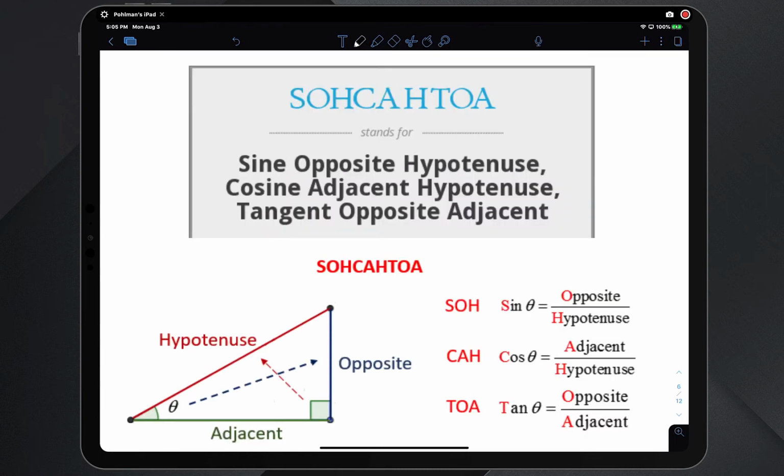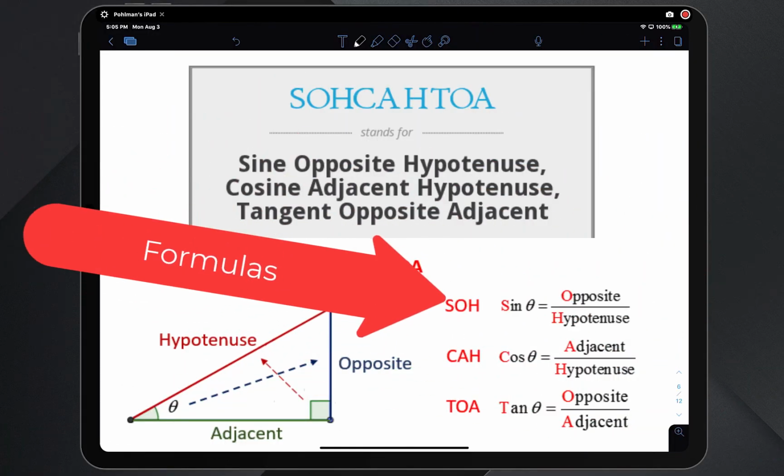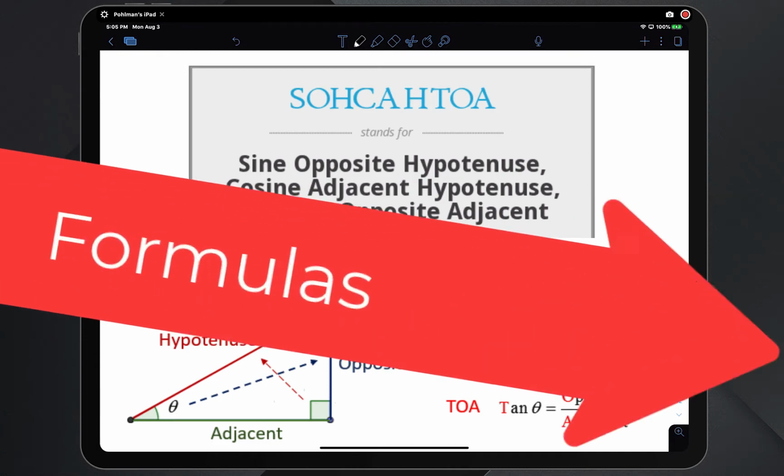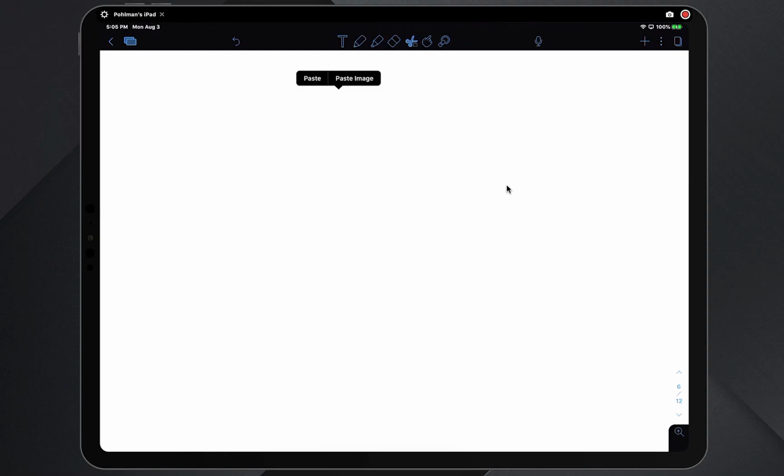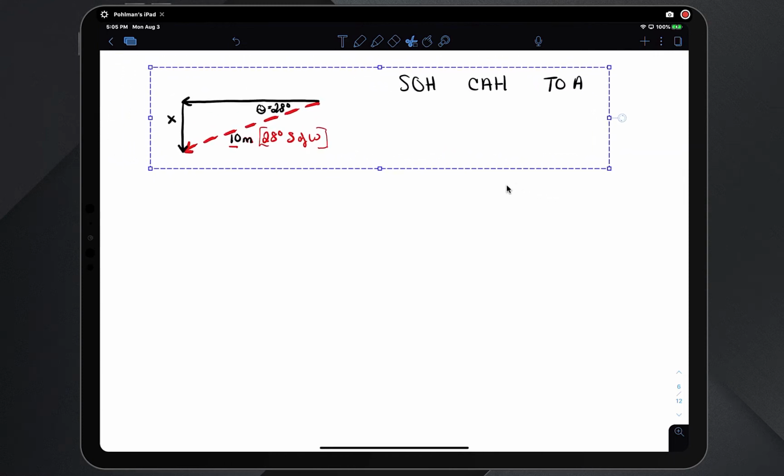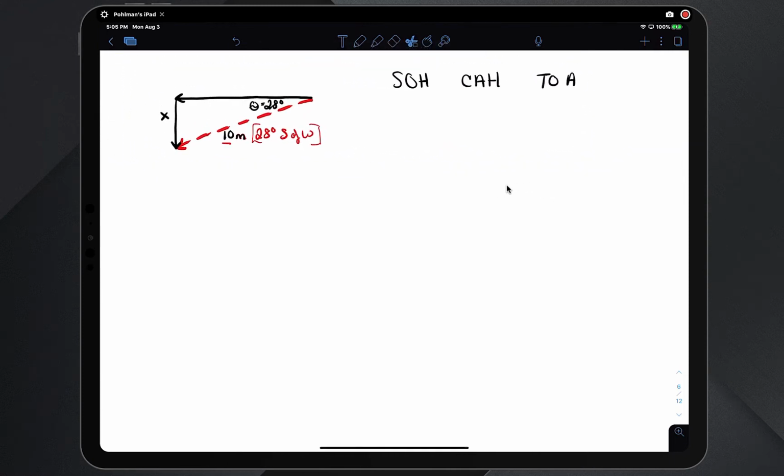To work out any of these types of problems, you need a mnemonic. A mnemonic is just a way for us to help remember what the different formulas related to trigonometry would be. So the easiest one that we can come up with, there's different ways that people say this, I like to use the mnemonic SOHCAHTOA.